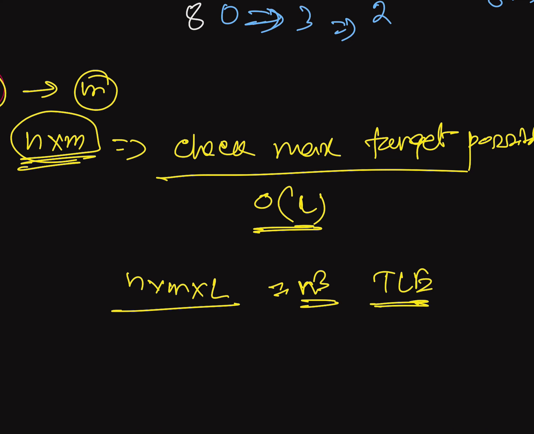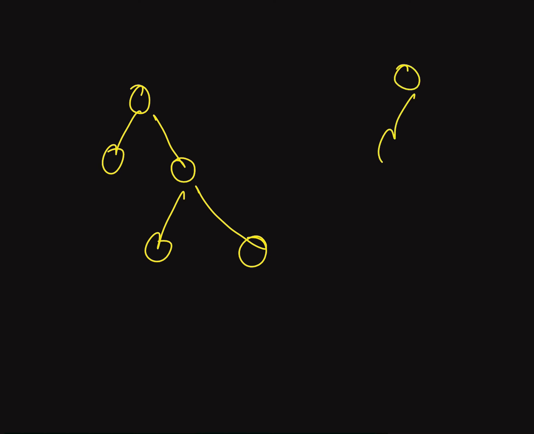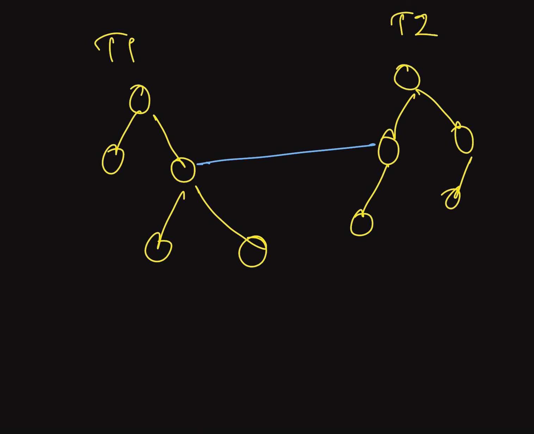Correct? Now how can we optimize this? There are some observations you can think of. Suppose this is the graph for tree 1 and this is tree 2. They mention that we can connect any one of these two nodes.